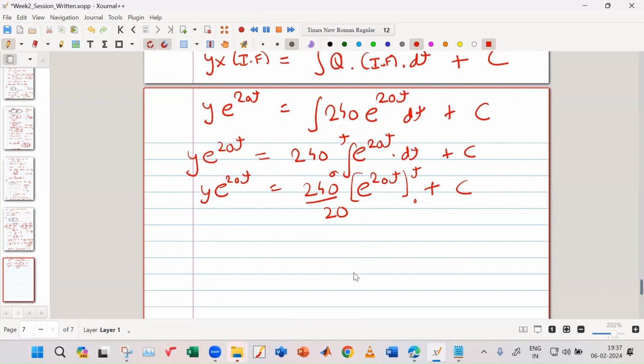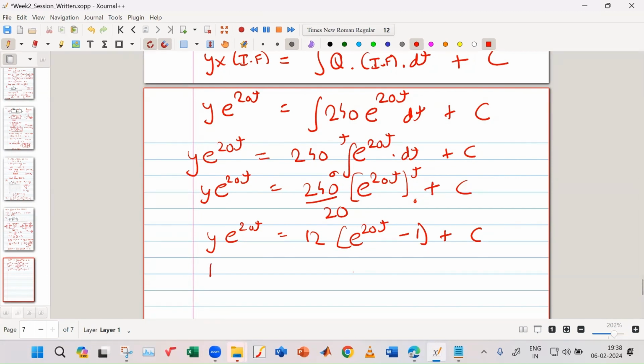So this will come out to be y into e raised to 20t equals 240 by 20, which is 12, into e raised to 20t minus 1, plus c. Is there any query in this? No, sir. Okay.